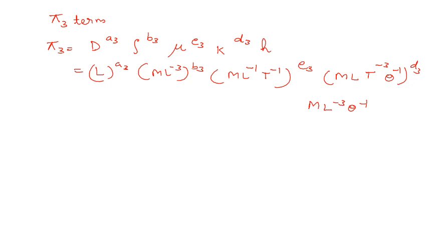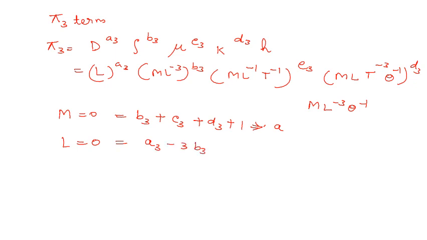So on equating, for M, 0 is equal to b3 plus c3 plus d3 plus 1. That is equation number A for the pi 3 term. Similarly, for L, on the left hand side it is 0, and on the right hand side it is a3 minus 3b3 minus c3 plus d3.